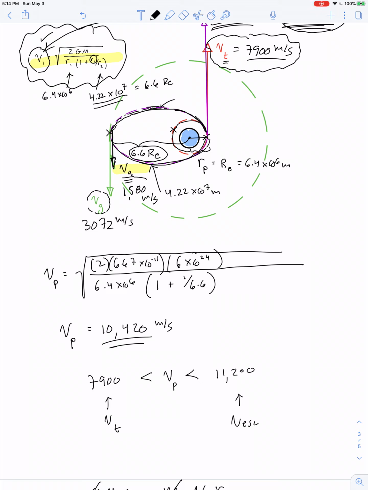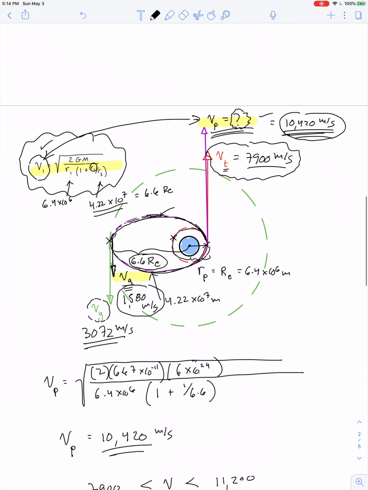Which, as you can see, is something less than 3,072 meters per second. So there's going to have to be another input of energy at this point. Step 1, Hohmann transfer, get a treetop orbit. Step 2, provide some thrust at any instant along that treetop orbit.